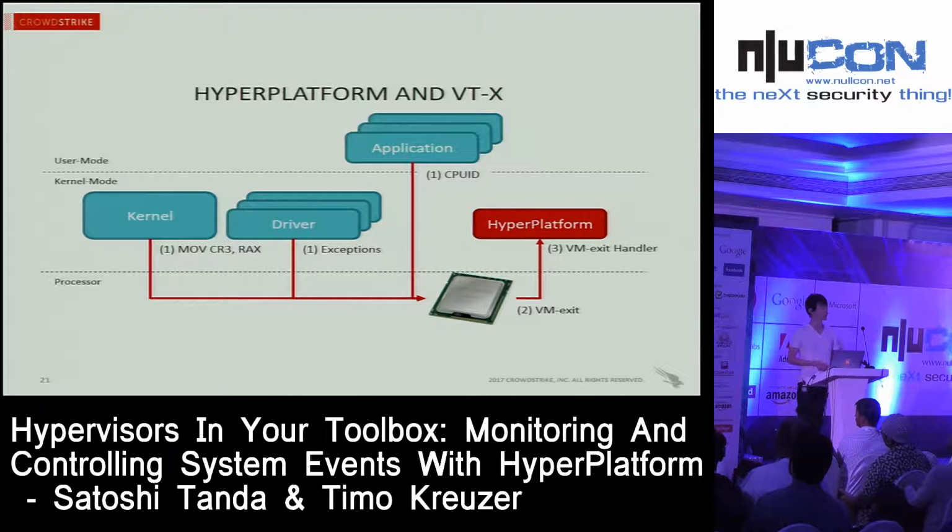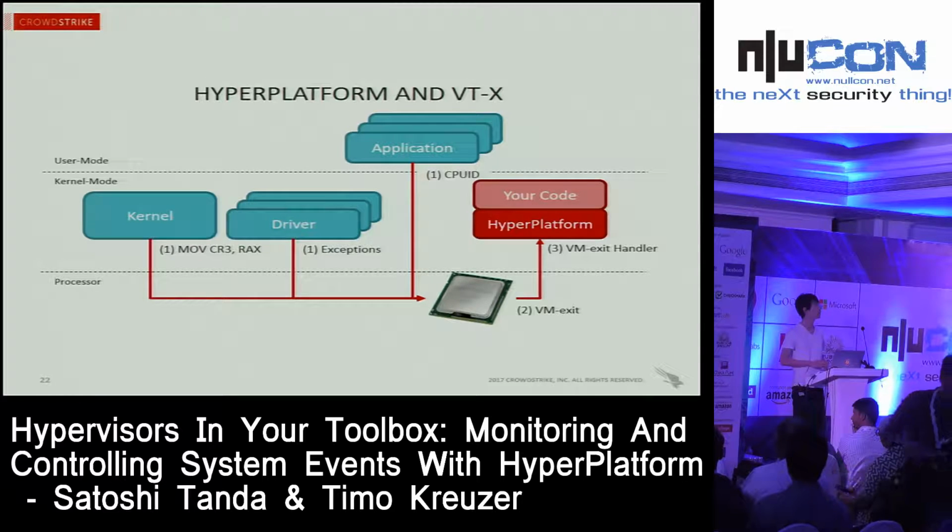And that handler is implemented inside HyperPlatform. And how you are going to use HyperPlatform is like this. You are going to add your own code on top of HyperPlatform to do what you want to do. Maybe just logging, or maybe adding some security feature. So you will be adding your own additional logic on top of HyperPlatform.